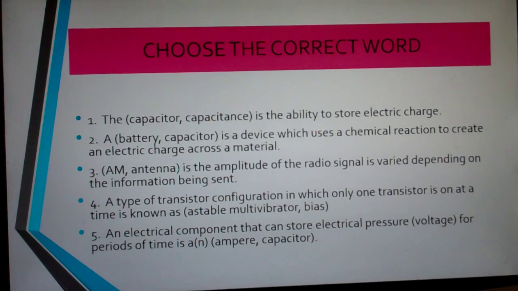Number 3, AM or antenna is the amplitude of the radio signal is varied depending on the information being sent.